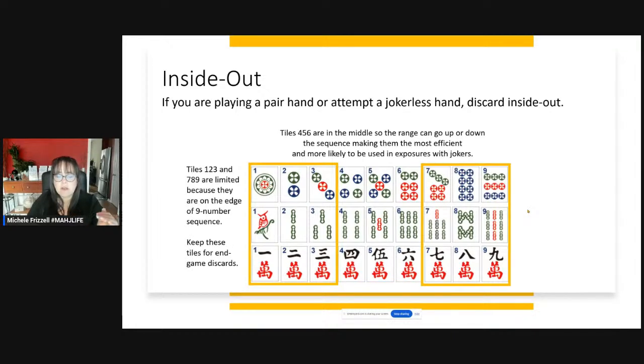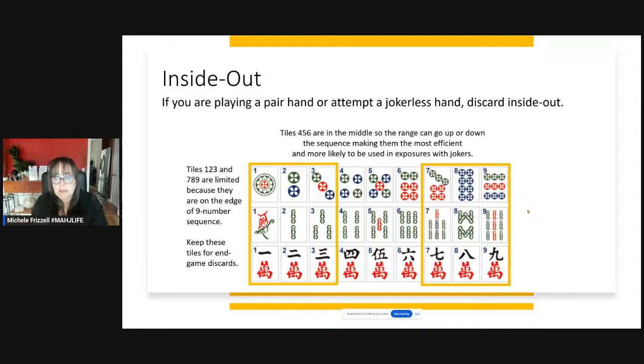So discard from the inside out. And then when you're in the end game, if you're discarding edge tiles, they're less likely going to be used. So you can use those edge tiles if you get them, so that you're not feeling anxious about discarding a risky tile.